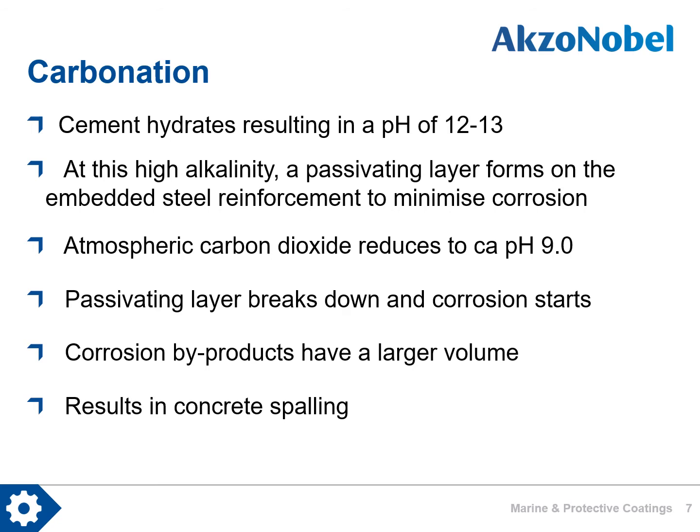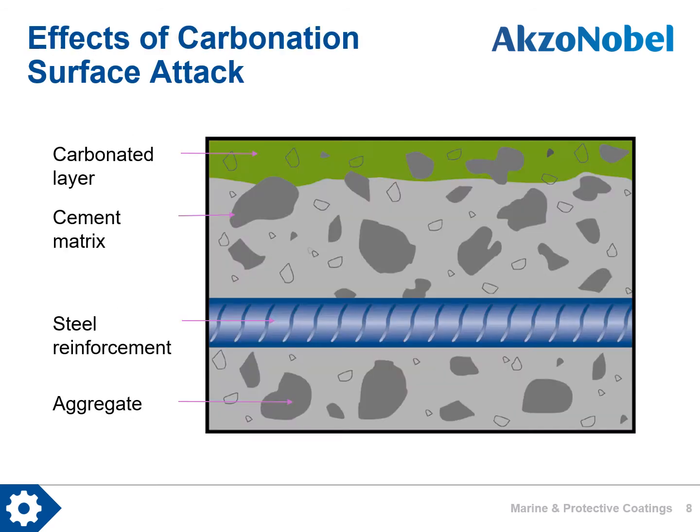Corrosion byproducts, or rust, take up a larger volume than the original steel. This ultimately results in spalling of the concrete. This is the process of carbonation. In this image, we can see the effects of surface attack carbonation.